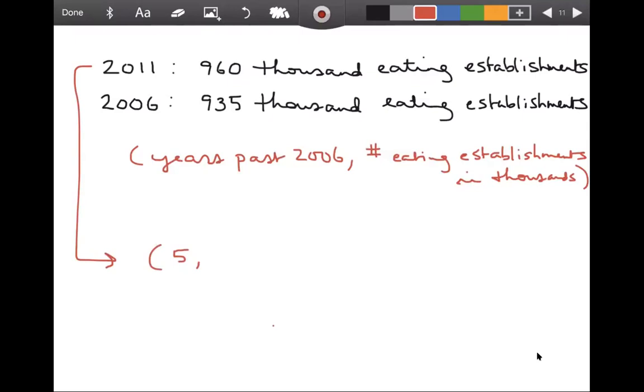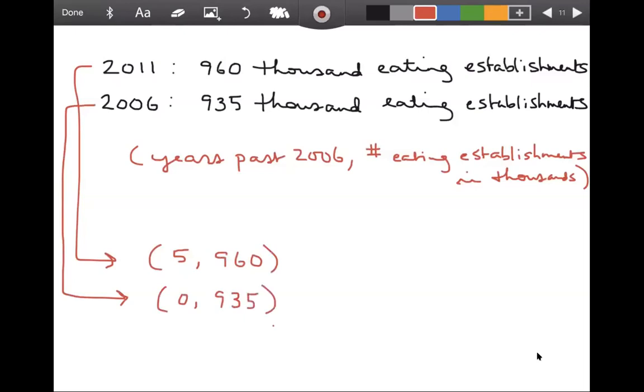There were 960,000. Okay, for the other pair, how many years past 2006 is 2006? It's 0, right? And the number of eating establishments that year was 935,000.